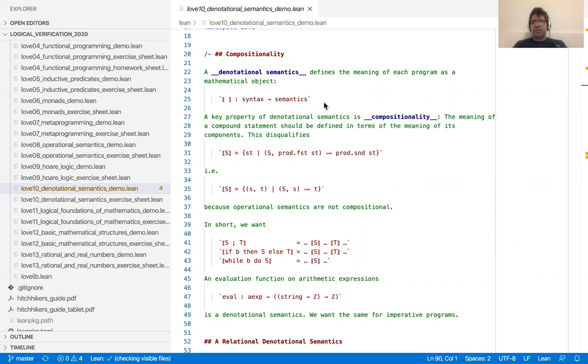So that's quite common in theoretical computer science. And so here, the domain is some syntactic objects, so, for example, while programs or arithmetic expressions. And on the semantics side, you have the value of such an object.